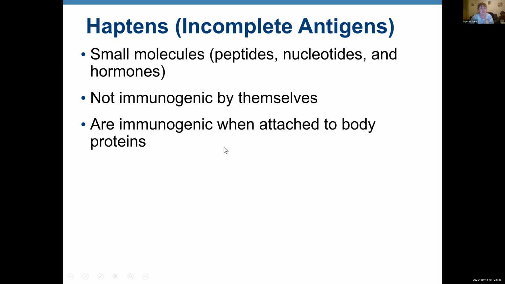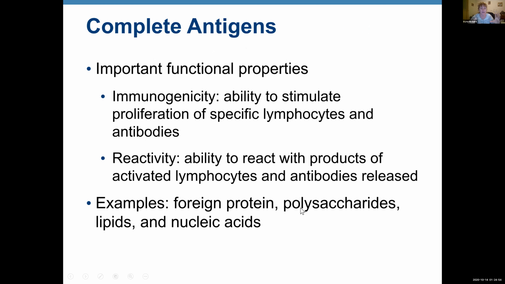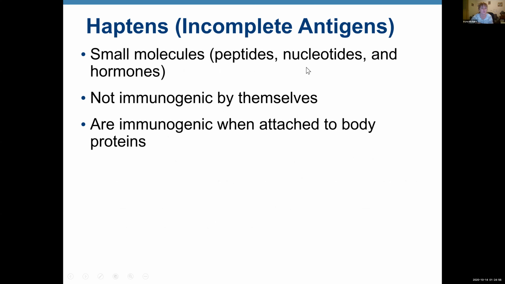And haptens are small molecules like peptides, nucleotides, hormones, right? Here we have larger molecules, here we have smaller molecules, and they're not immunogenic by themselves, but they are immunogenic when attached to body proteins. This is what you find, for example, in pollen.